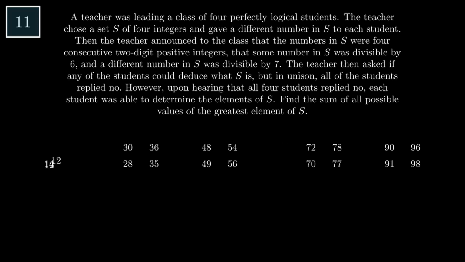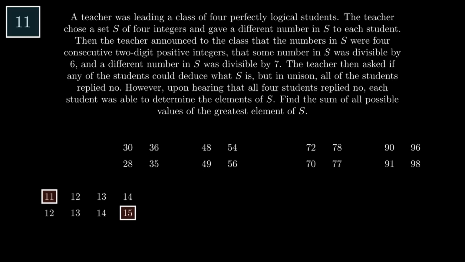Now we can look at 12 and 14. In 12 and 14, we have 2 possibilities. We have 11, 12, 13, 14, or 12, 13, 14, 15. And in each of the possibilities, if I got 11, there's no other possibility that it could be.